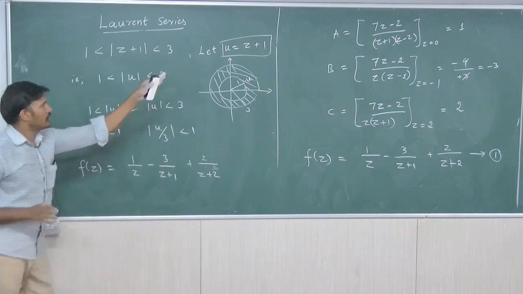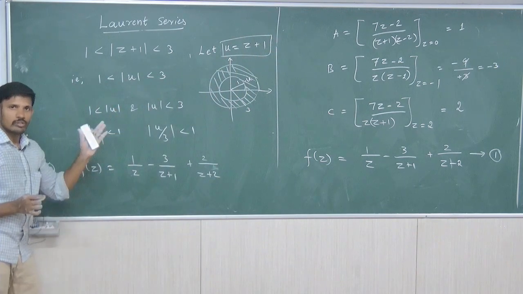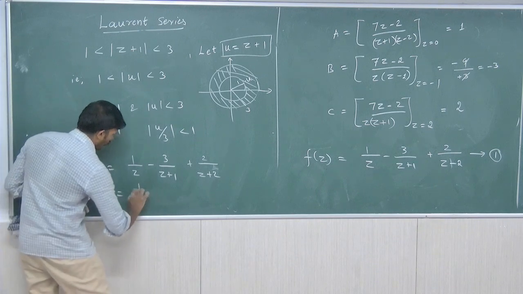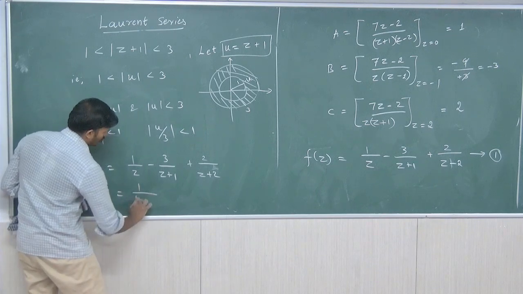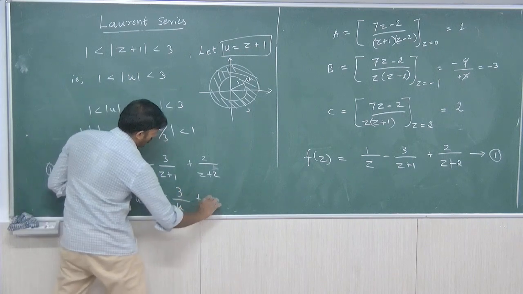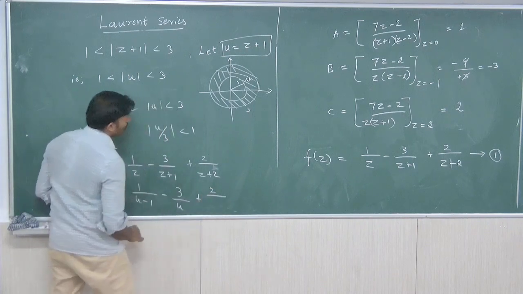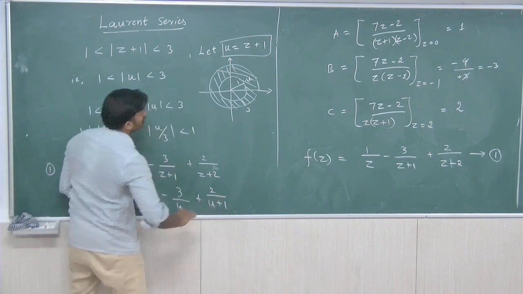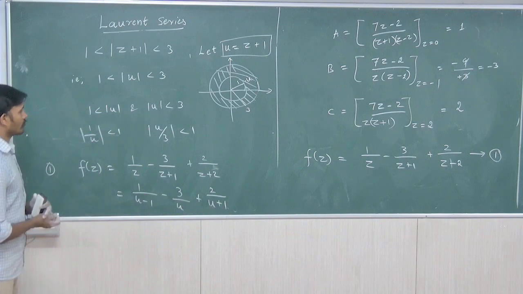So instead of z, substitute u minus 1. If you substitute, you may get 1 by u minus 1 minus 3 by u plus 2 by u plus 1.